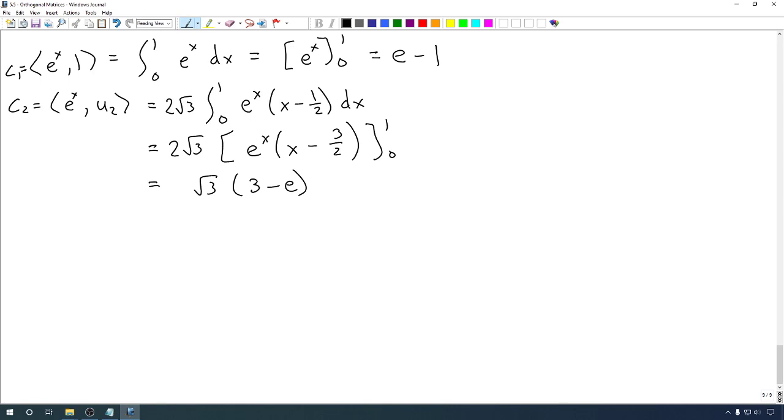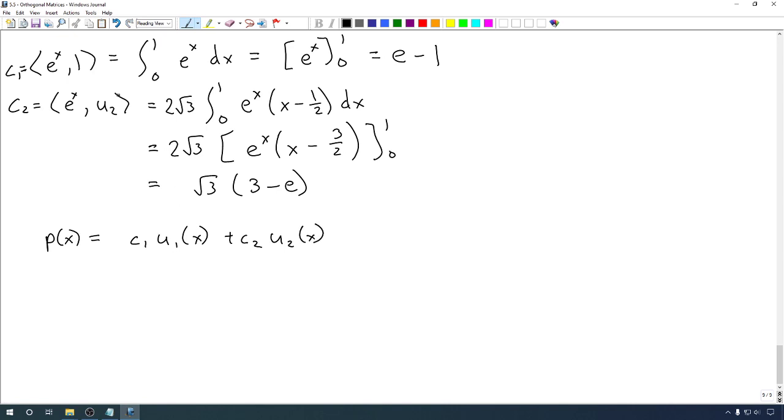So try that out if you want to. I'm not going to go through all these details. It's just pretty straightforward integration by parts. But the point here is that our projection vector, our projection function, is c1 times u1 of x plus c2 times u2 of x.